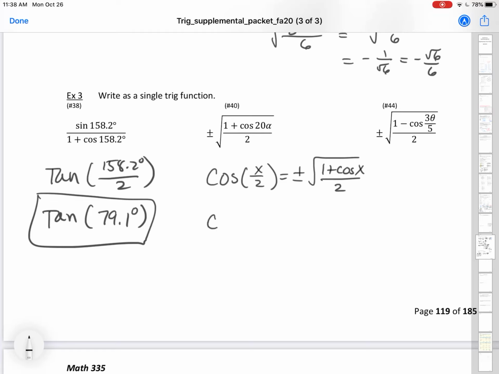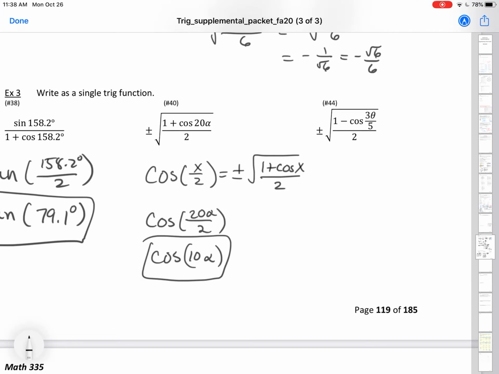Well, what's our x? Our x in this case is 20 alpha, and we're going to divide it by 2. So this is the cosine of 10 alpha, and you're finished, right? It's just awareness of the formulas. Who are we dealing with?